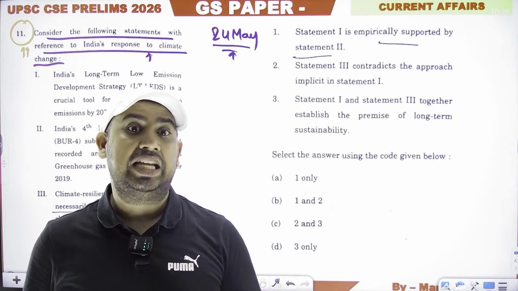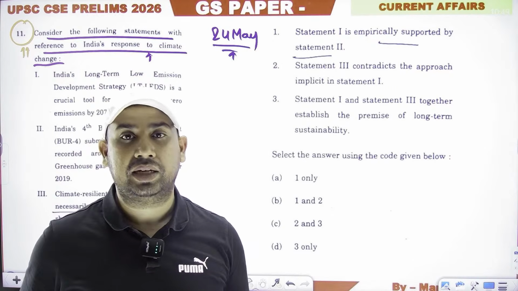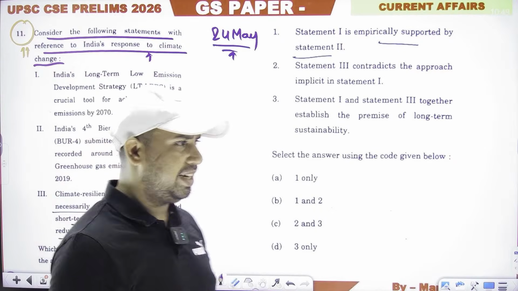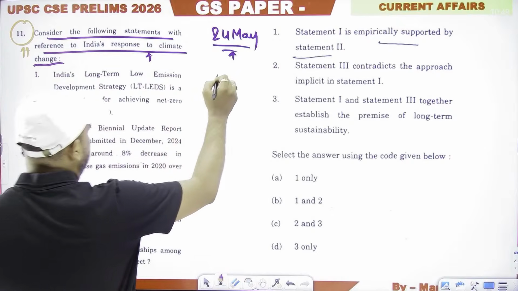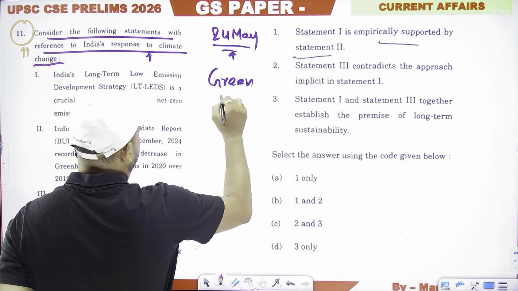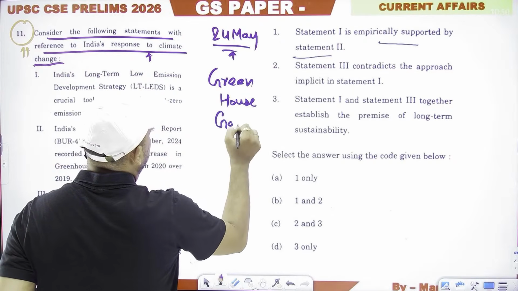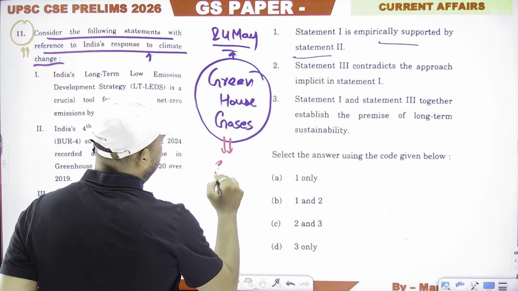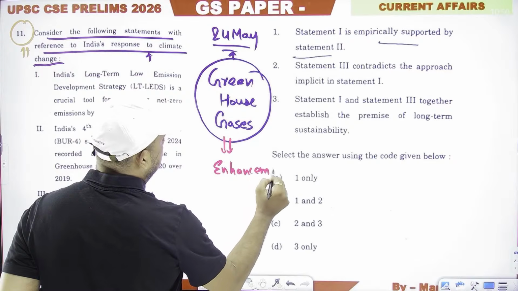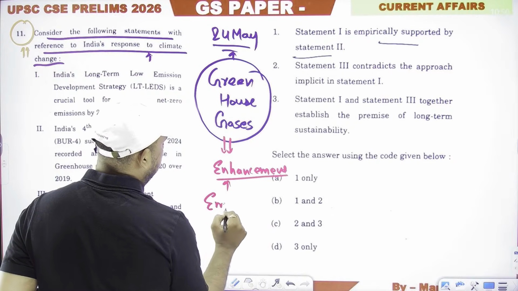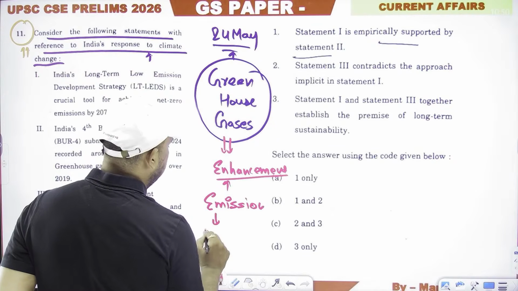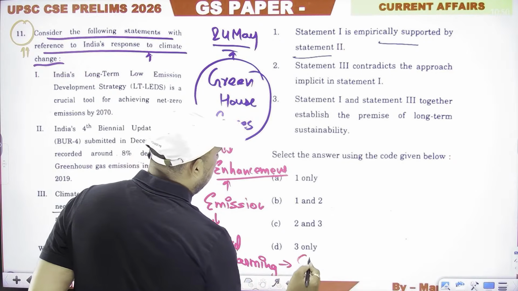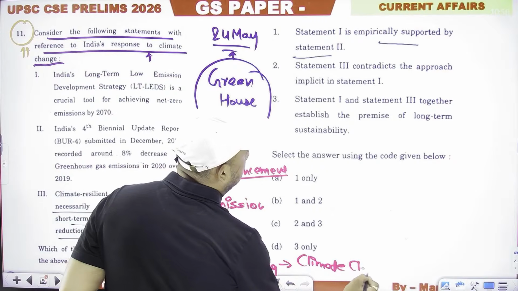But when there is an enhancement in the greenhouse gas effect, things change tremendously, drastically. Greenhouse gases are very essential for life, but when there is an enhancement in their emission, that creates global warming, and due to global warming we are facing an issue known as climate change.